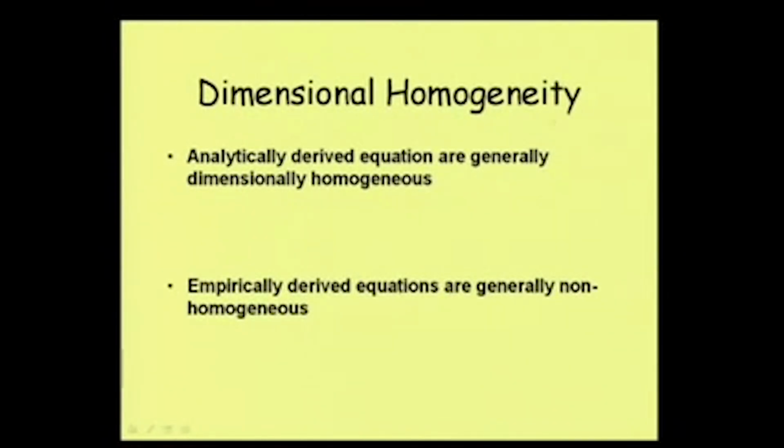Then dimensional homogeneity, as I have already explained: analytically derived equations are generally dimensionally homogeneous. Say we write one very simple equation. Suppose water is flowing from a tank, and this is the head up to this mass, and we want to know V. Then we write V is equal to root over 2gh.